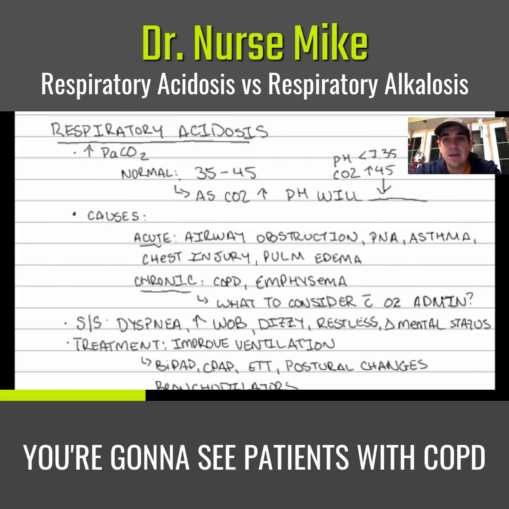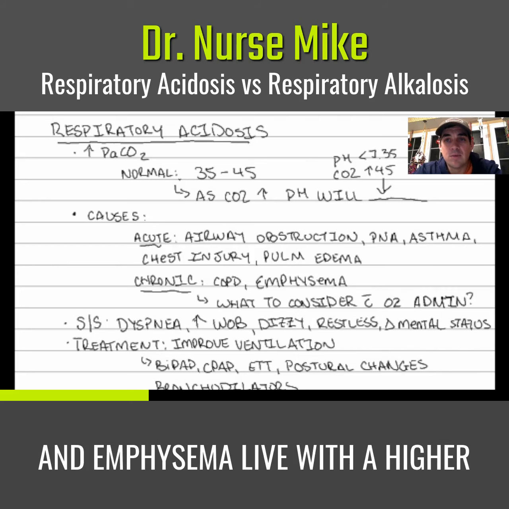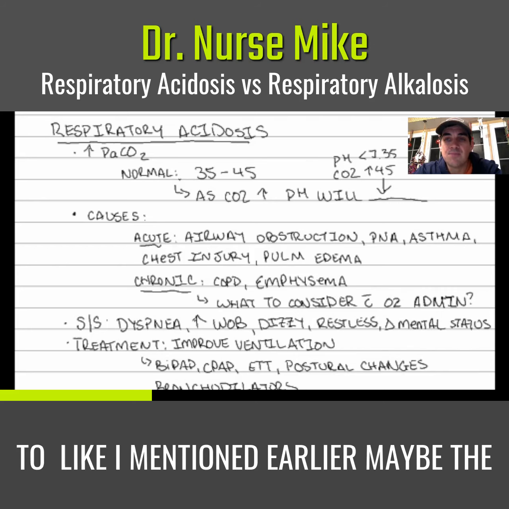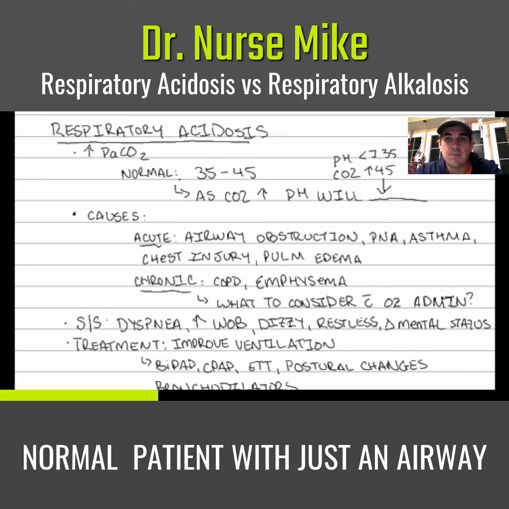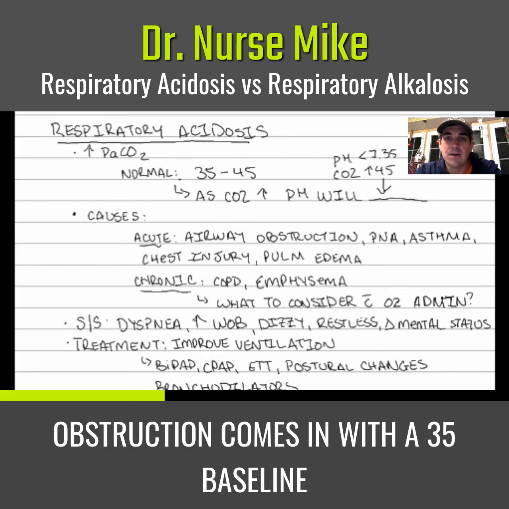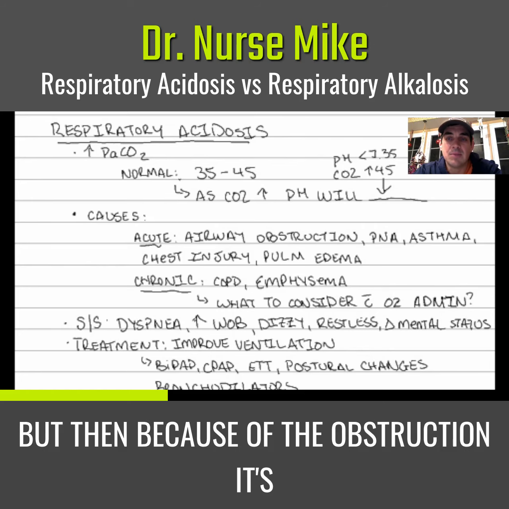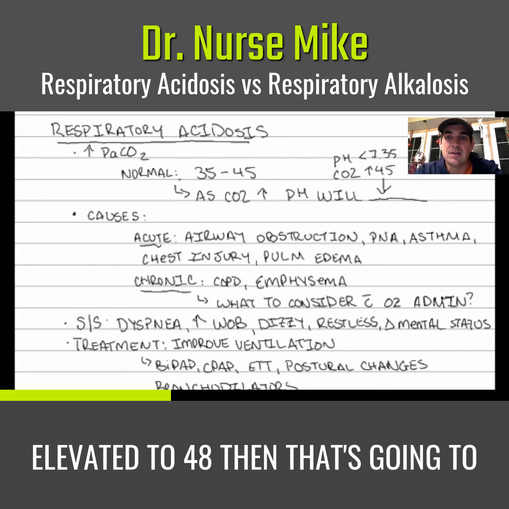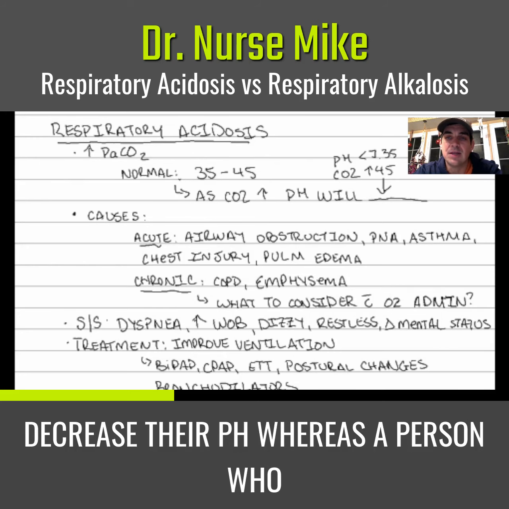Chronically, you're going to see patients with COPD and emphysema live with a higher PaCO2. Like I mentioned earlier, maybe the normal patient with just an airway obstruction comes in with a 35 baseline PaCO2, but then because of the obstruction, it's elevated to 48, and then that's going to decrease their pH.